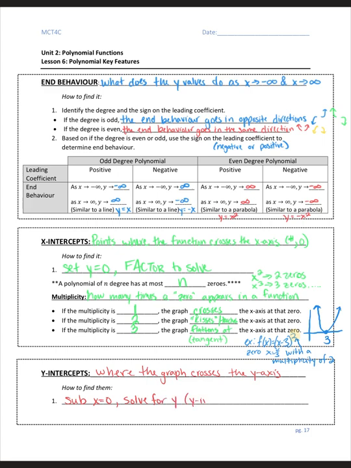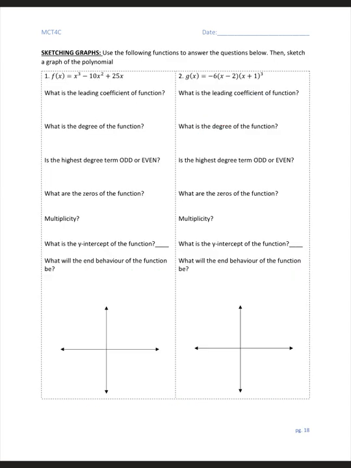The y-intercept is always the constant in a function, that number being added or subtracted at the end of a function. Okay, so let's look at some examples.